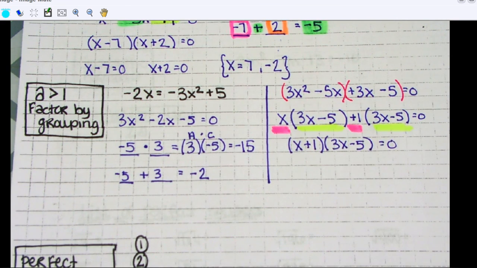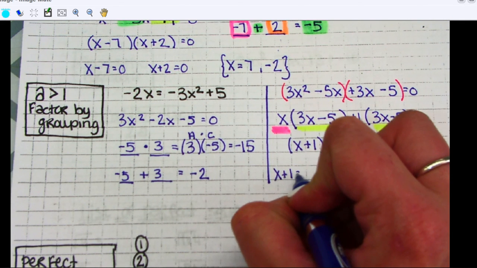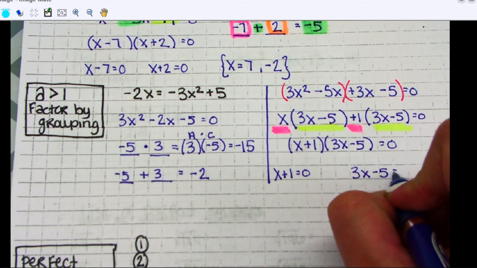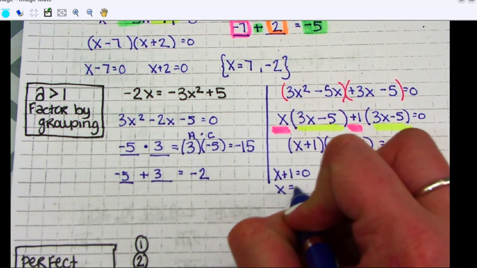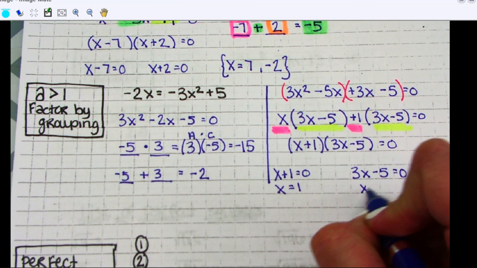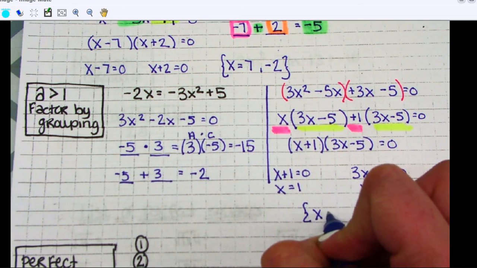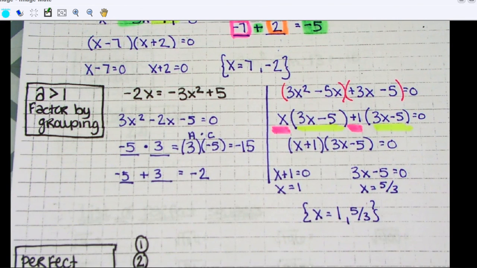Since it equals 0, we set each parenthesis equal to 0. And again, the reason you set each one equal to 0 is because either parenthesis could have a value of 0, making all of it 0. That's why we set each individual one to that. So x could be 1, or x could be 5 over 3. And you might see your answer choice written this way. It just depends on how the problem's written.